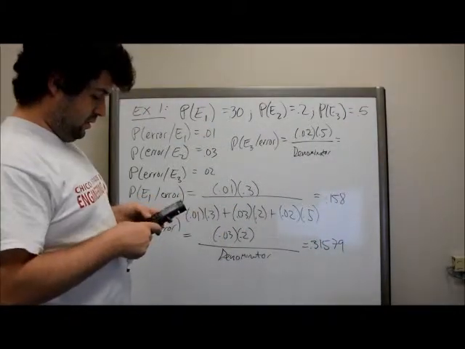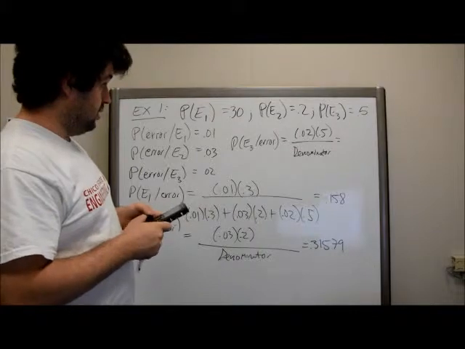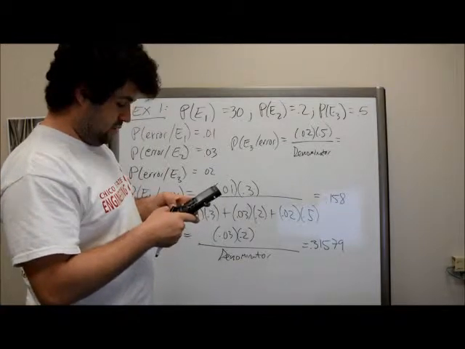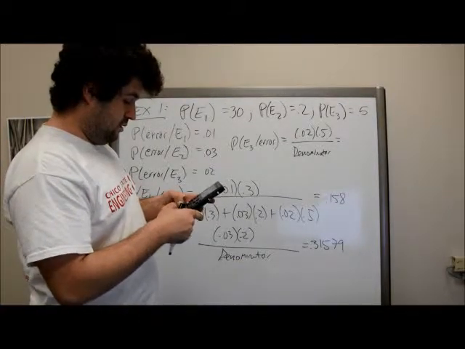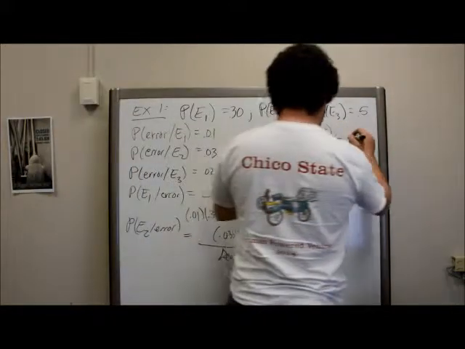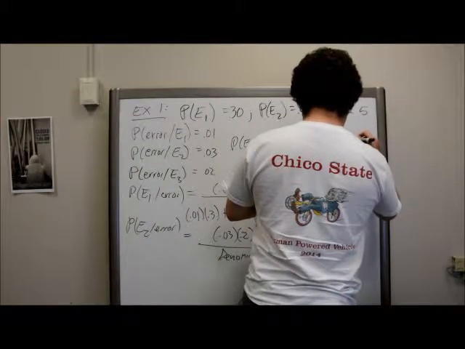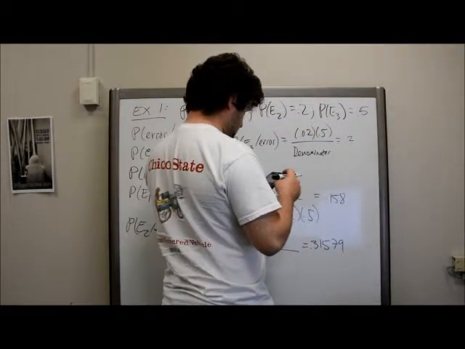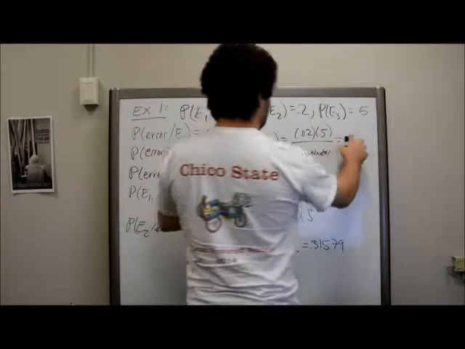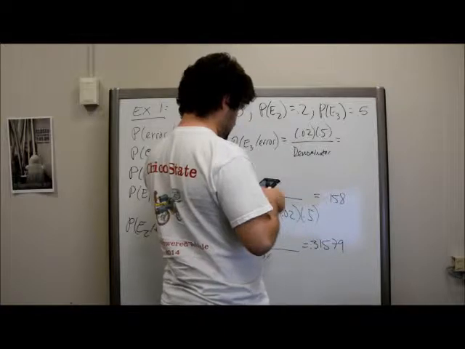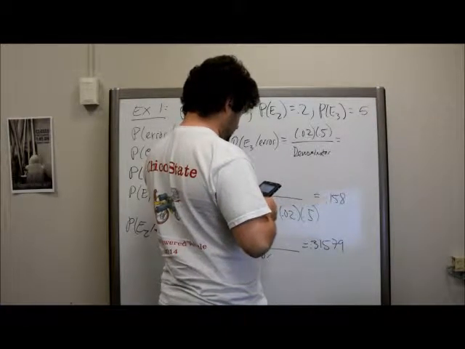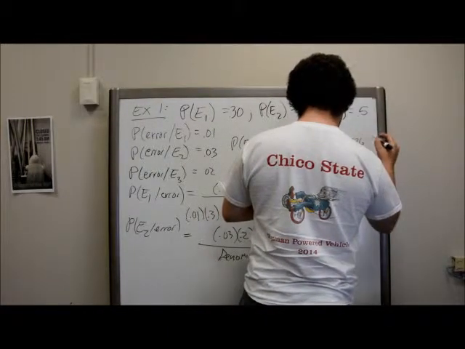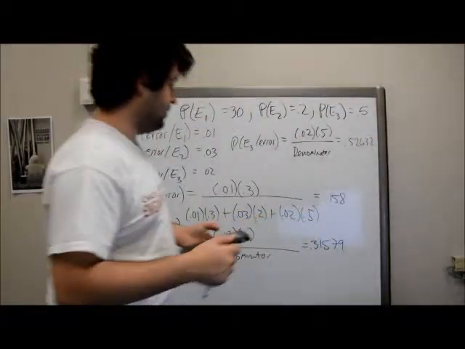And for engineer 3, who actually bids on half the jobs, we get 0.52.